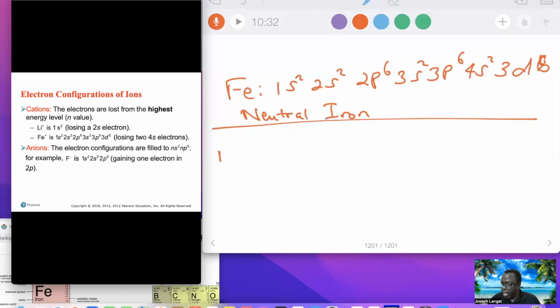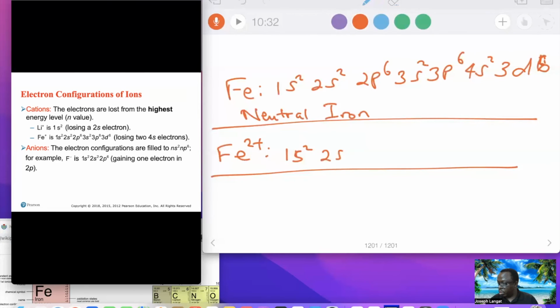However, for ions, the electrons in the highest energy level are removed first. For iron 2+, this will be 1s2, 2s2, 2p6, 3s2, 3p6, 4s2, no, that's gone.